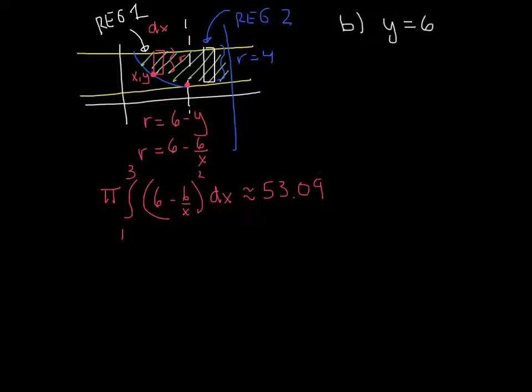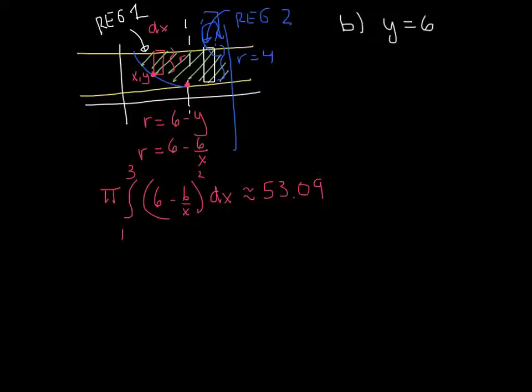And you could integrate that from 3 to 6. Or you could use geometry. You could just imagine this rectangle being rotated around this line. It's going to form a big cylinder.